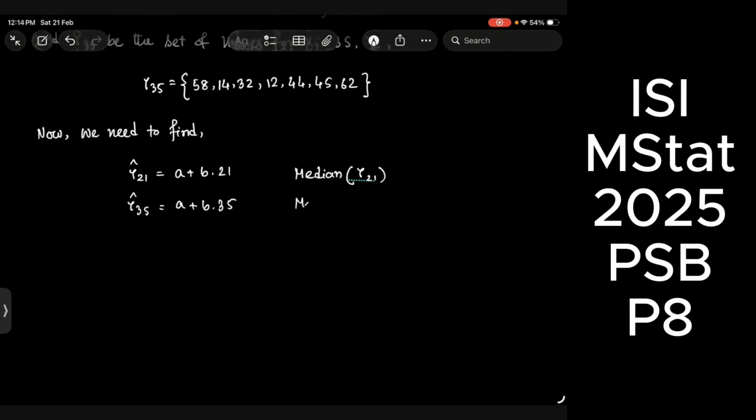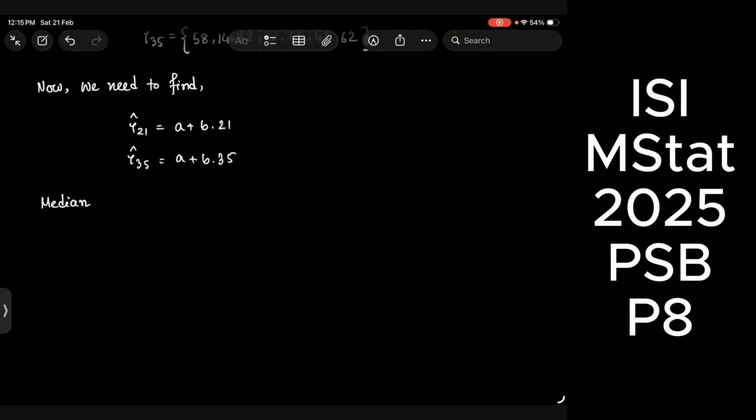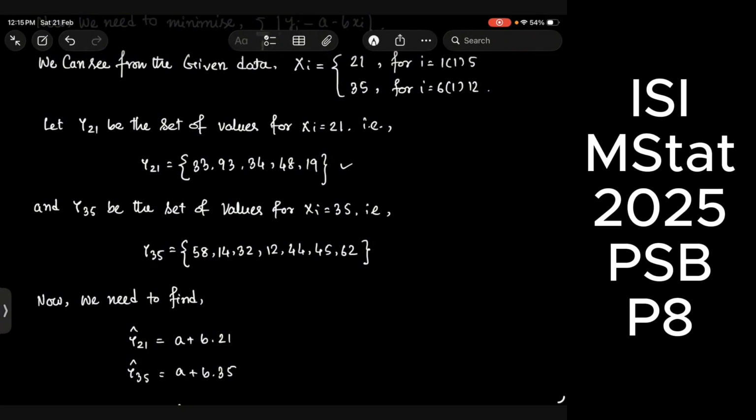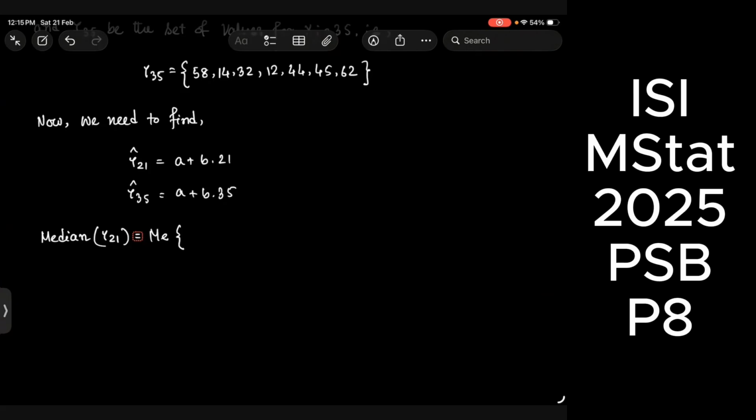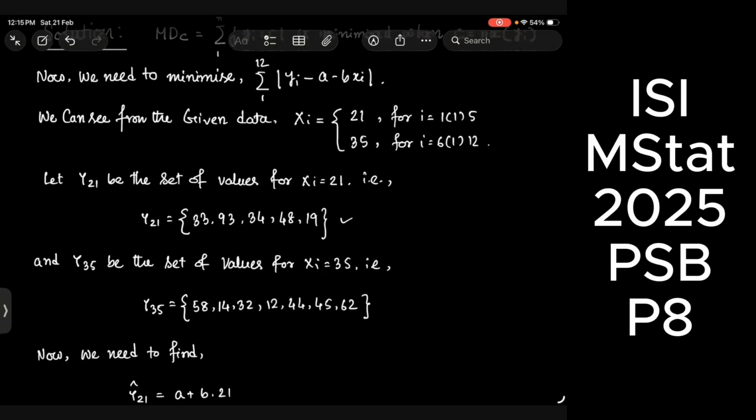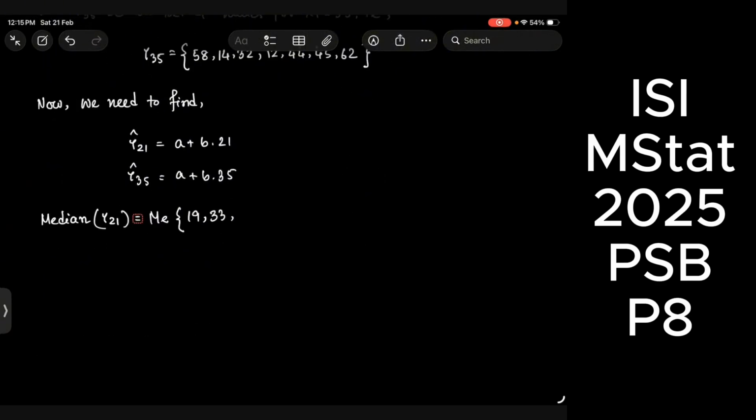So if we sort the set: 19, 33, 34, 48 and 93.